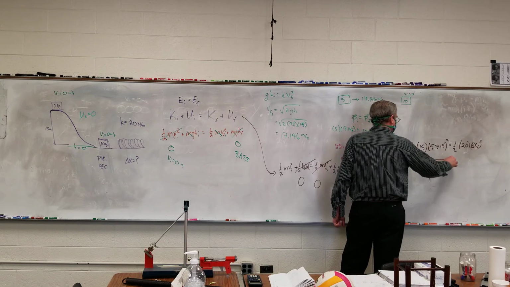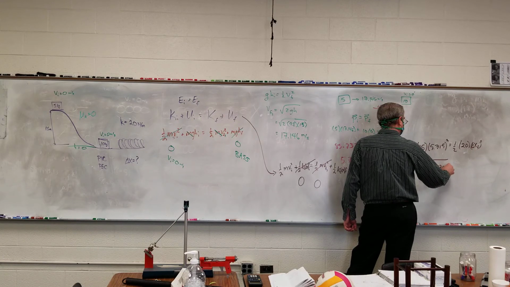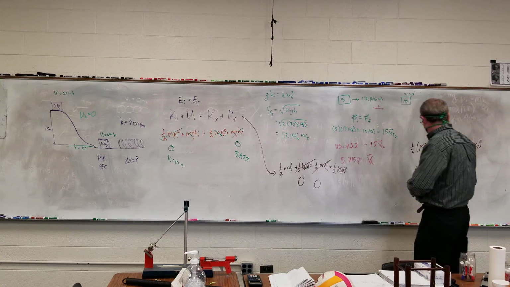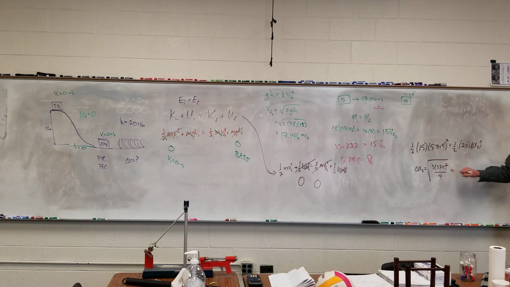Delta x final equals the square root of... or somewhere around 5. So 4.9497. That's in meters.